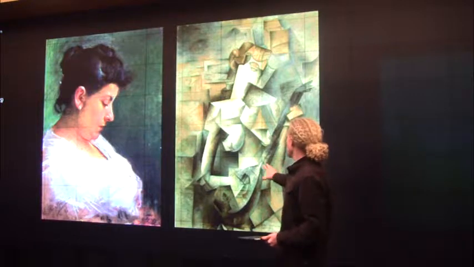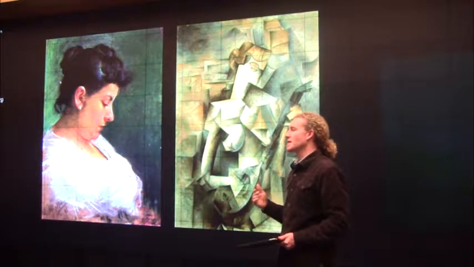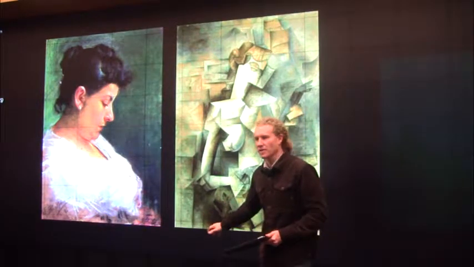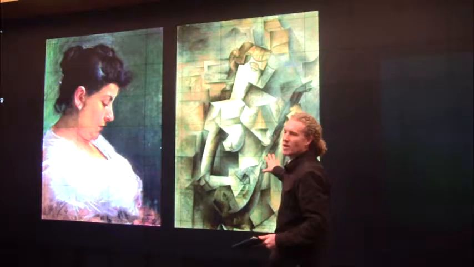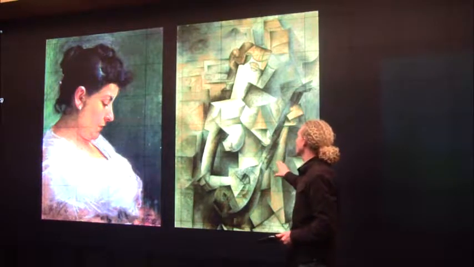I'm not sure about this painting specifically, but the paintings that started coming out during this era were absolutely trashed by the critics. The critics could not understand why somebody would take such a radical view on how something could be represented.